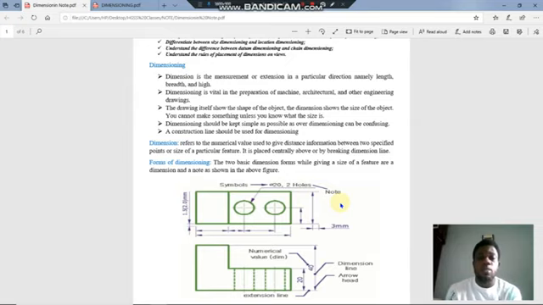So in dimensioning, we have what we call a dimension and a note.